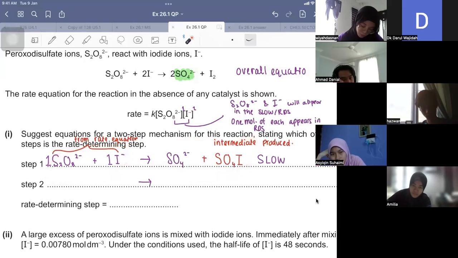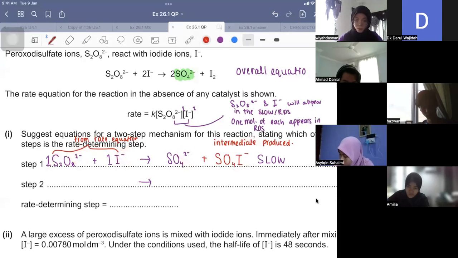Another thing that's not balanced is the charge. If you look at the charge on the left side, -2 and -1 is a total of -3. You've got -2 here, so that means your intermediate is negatively charged, -1.